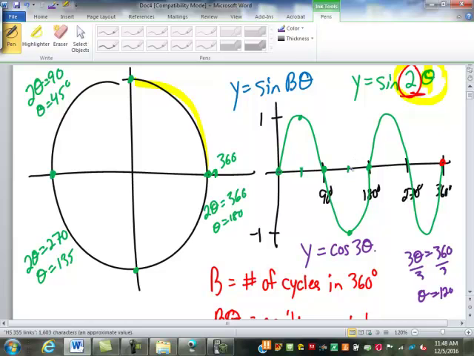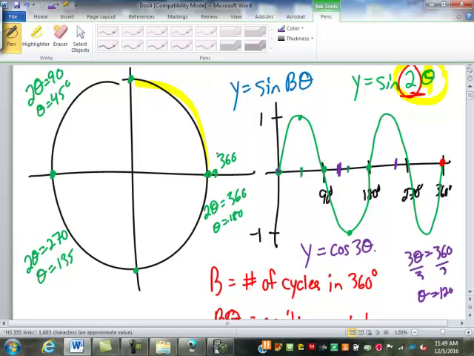So here's 90, that's 135. 120 would be somewhere in here. 240 will be somewhere here. So a complete cycle is going to happen between 0 and there.